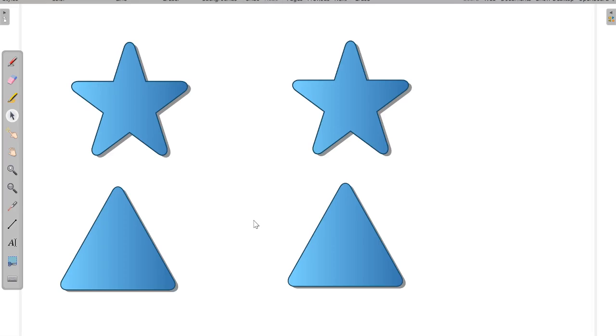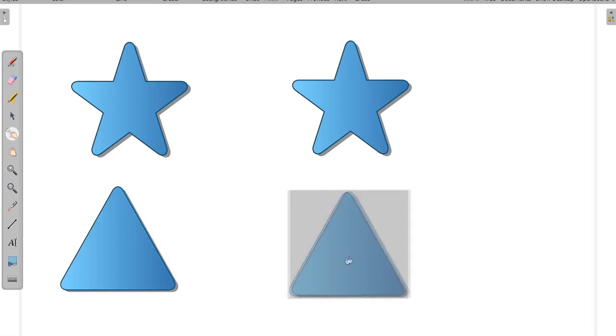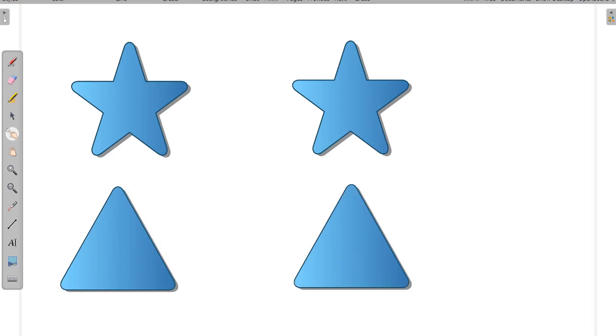They have the same shape, and as shown in this figure, they should have the same size also. The size is also the same. If I superposition this triangle, then they match exactly. So we can say that these two triangles are congruent.